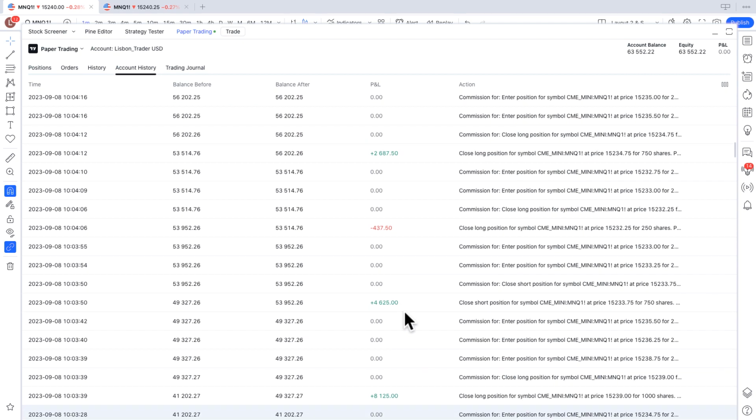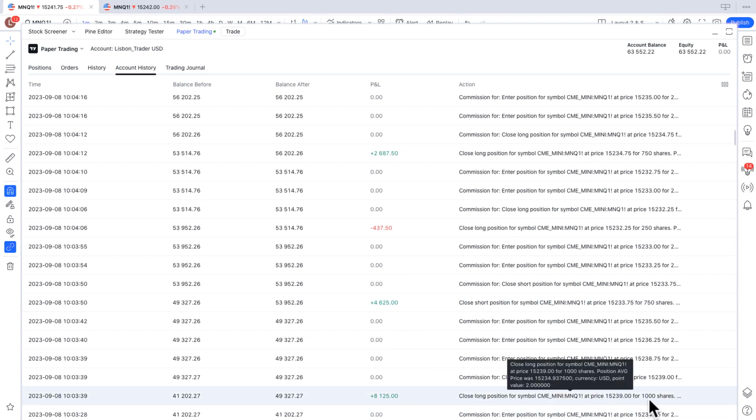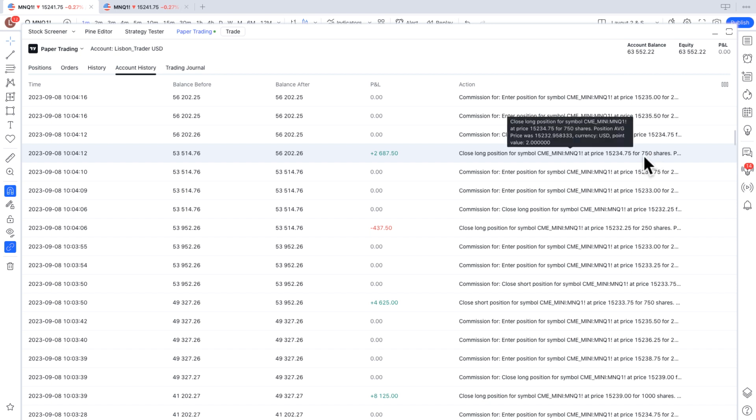Then with the 100 lots or 1000 micros, 8. Then 75 lots.